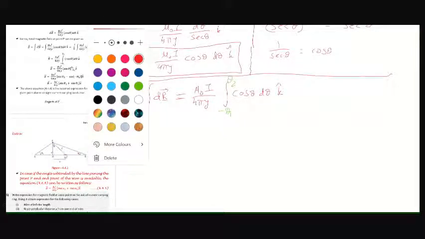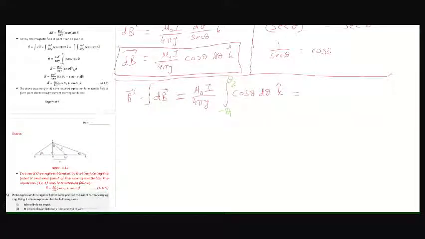What is the integration of cos theta? Integration of cos theta is sine theta, and hence you will have mu 0 I by 4 pi y, sine theta from minus theta 1 to plus theta 2, and then you will have k cap, I forgot here. So mu 0 I by 4 pi y, sine theta 2, upper limit, minus lower limit, sine of minus theta 1.